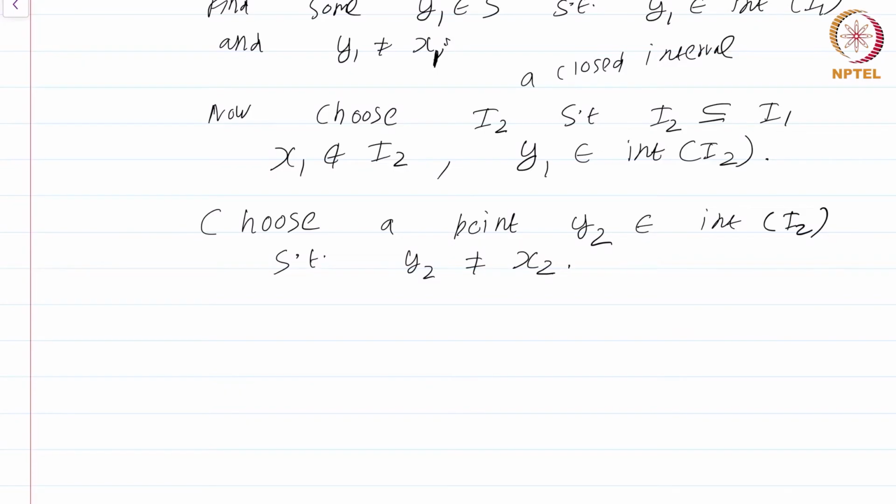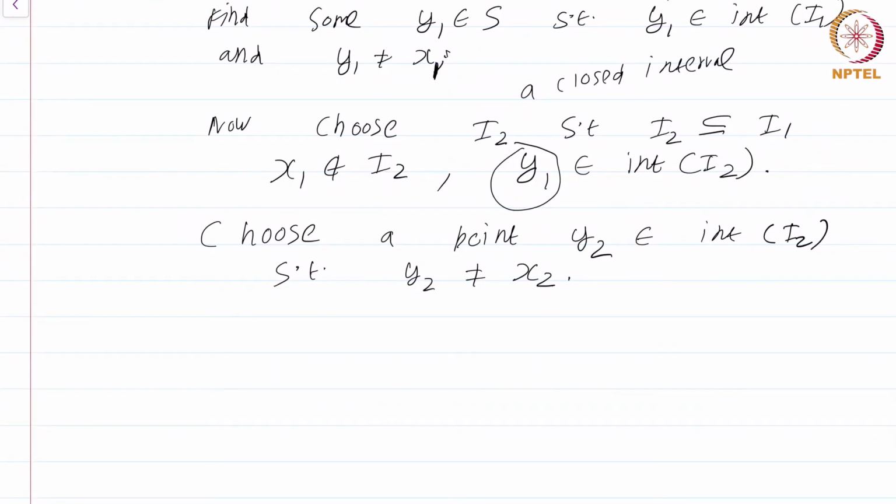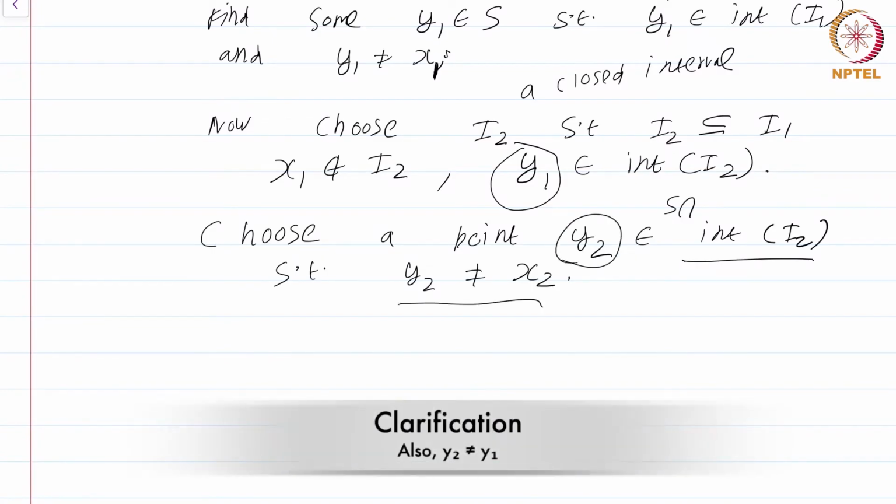Well, such a point exists because y1 after all is an element of S. I should mention y2 is also in S, of course, in S intersect interior of I2. Because y1 is in S, it is going to be a limit point of the set S. Because it is a limit point of S, there are going to be infinitely many points of S in the interior of I2. Because there are infinitely many points of S in the interior of I2, I can always pick this y2 such that y2 is not x2.